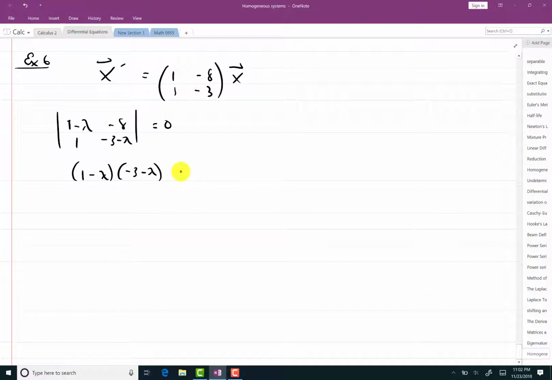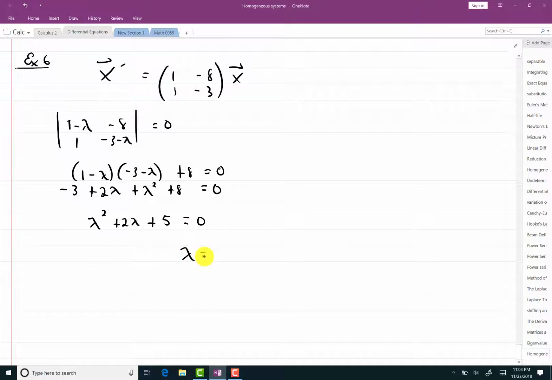I go the other way, I'll get plus 8 equals 0. You go ahead and multiply this out. I'll get negative 3. Negative 1 lambda plus 3 lambda will give me 2 lambda. And I'll get plus lambda squared plus 8 equal to 0. If I organize a little bit, lambda squared plus 2 lambda plus 5 equals 0.